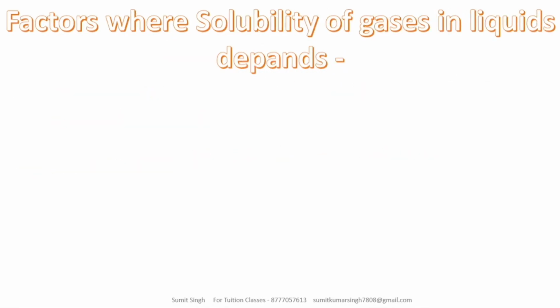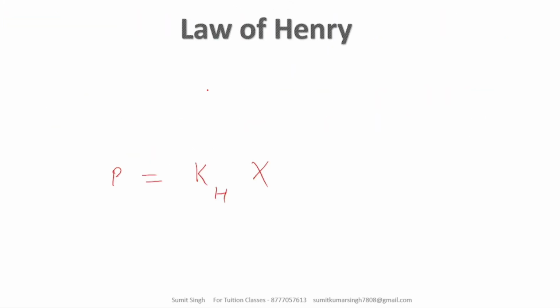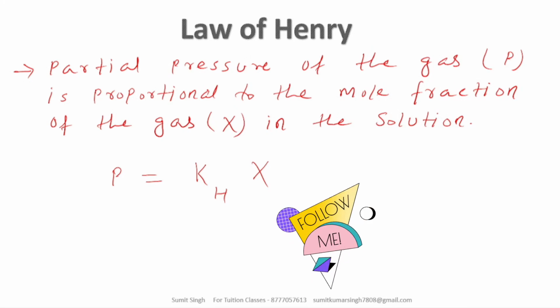Now, what are the factors on which the solubility of gases in liquids depends? We can say the solubility of gases in liquids increases with the increase of pressure and with the decrease of temperature. Henry's law is very important in terms of your exams. According to Henry's law, at a certain temperature for a given volume of the solvent, the amount of gas dissolved is directly proportional to the partial pressure of the gas.